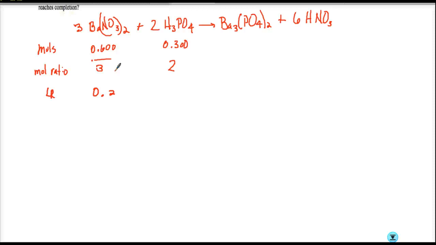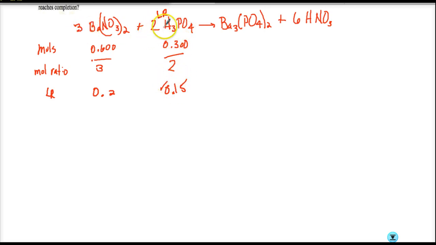So this is going to be 0.15 when I divide those two things. So check, who's the smallest? This one's the smallest. So this is my limiting reactant. I just did a molar ratio comparison, and I know that based on using a 3 to 2 ratio, 3 moles of this to 2 moles of this, I am going to run out of the phosphoric acid first.